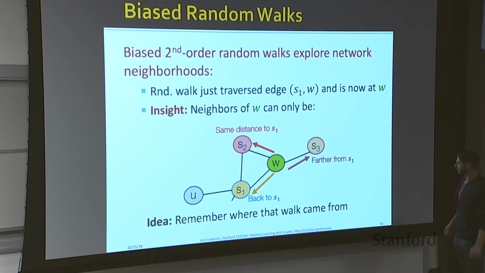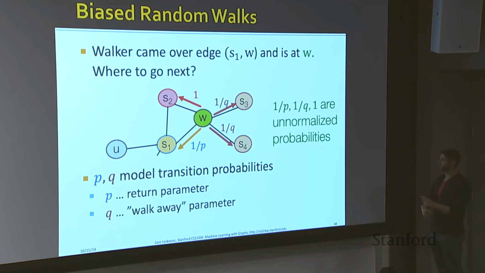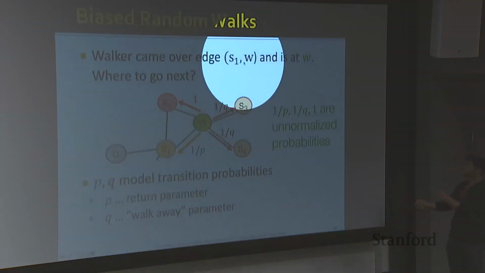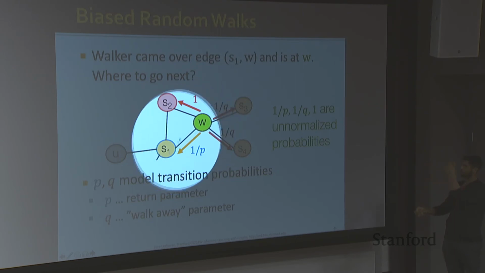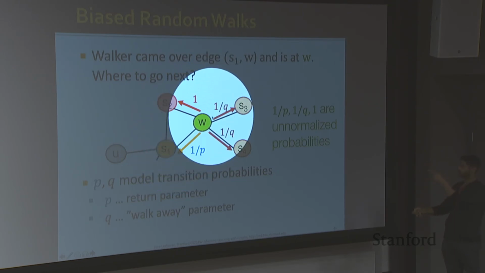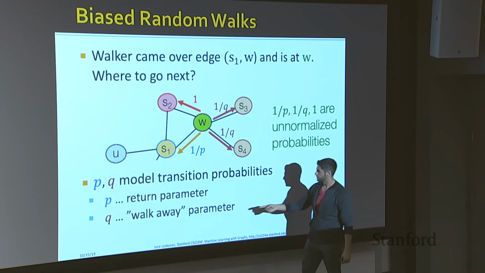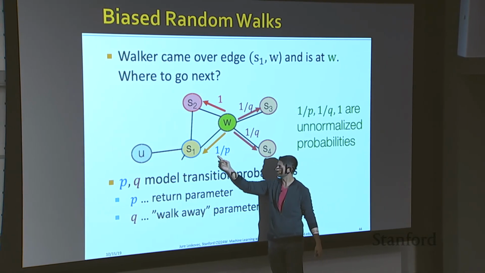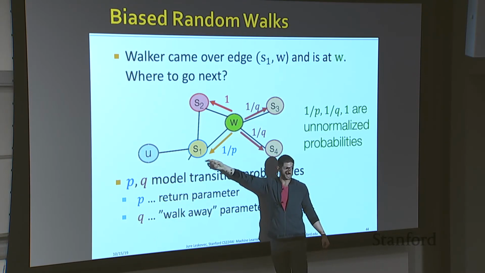So that's why it's called second order. Okay, now let's start to put probabilities on each edge so that you can understand exactly how the random walk is moving around, okay? So as we said, our walker came over the edge from S1 to W and is currently in W, okay? So where can our walker go now from node W? So we set our P and Q transition probabilities. We said P is our return parameter, Q is our walk away parameter. So we're going to say with probability 1 divided by P, our walker will go back to S1.